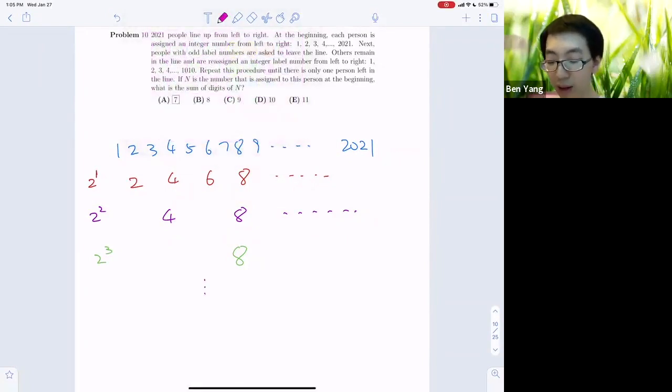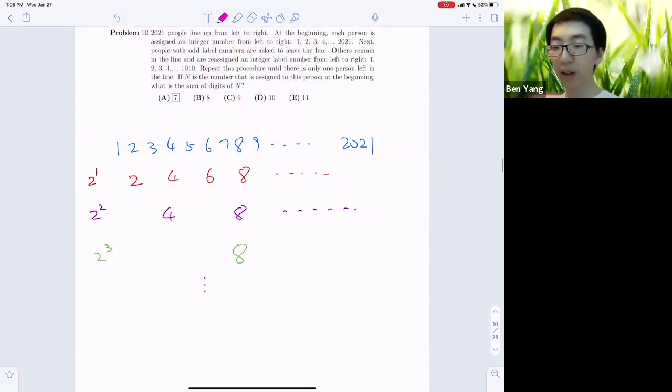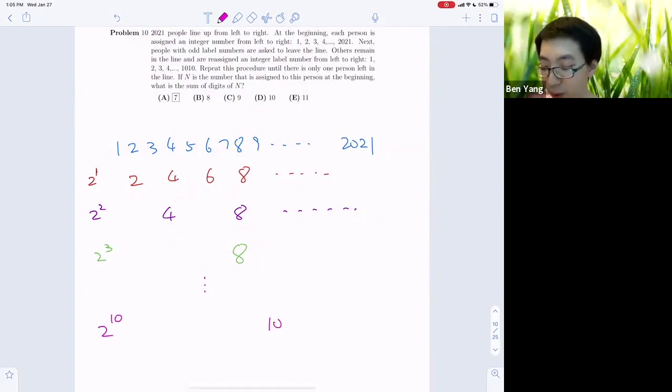So we know that after the 10th step, the first number left should be 2 to the power of 10, which is 1024.